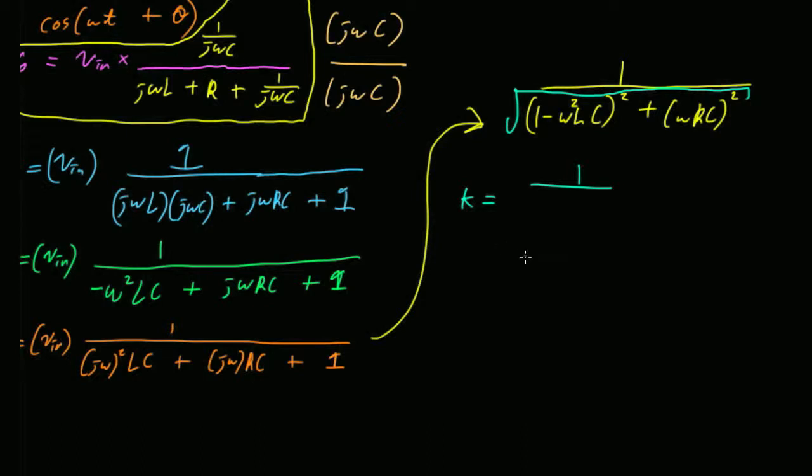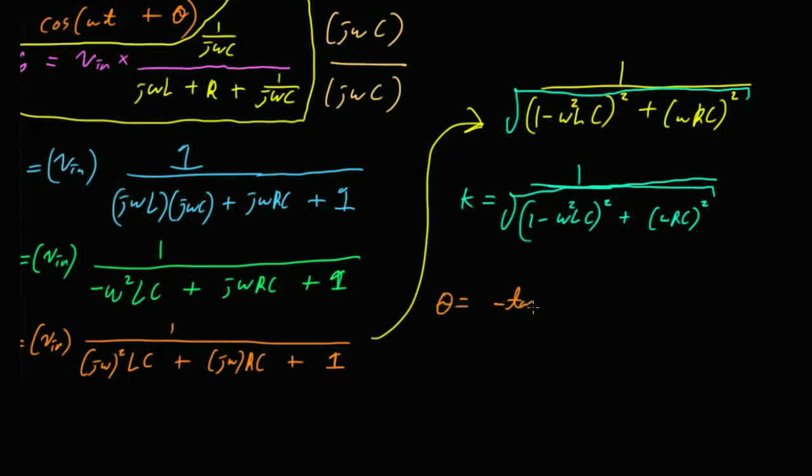And then our phase, did you guys go over the formulas, like the arc tangent? Okay, so the phase, tell me if I'm right, is going to be omega RC over 1 minus omega squared LC. Sorry, my C's look like L's, and that's getting to be a problem. But these are both C's.